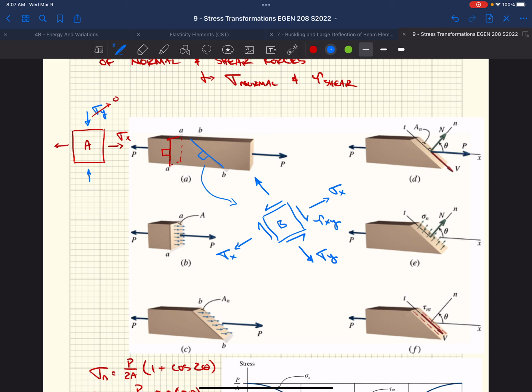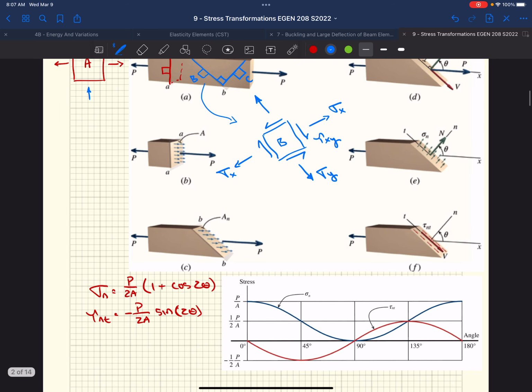And similarly, we might have some sigma y, because if we cut this material going this way, at 90 degrees to that, and did another block, this is block B, we looked at, say, a block C. As you can imagine, we're doing the exact same thing, but instead of cutting it on that right-hand surface, we're going to cut it on the left-hand surface, and we're going to have shear stresses and normal stresses happening.